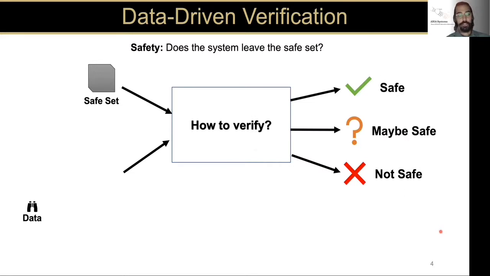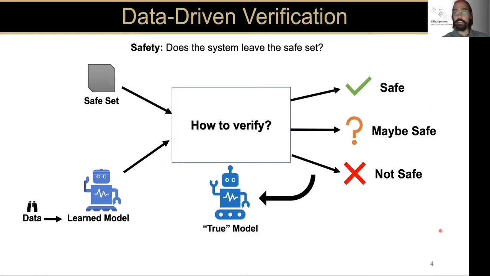So this involves collecting noisy data on our unknown system, learning some estimate of the dynamics, and then generating verifications in one way or another. So the goal is to do this in such a way that these guarantees that are generated apply to the underlying system, here called the quote-unquote true model.